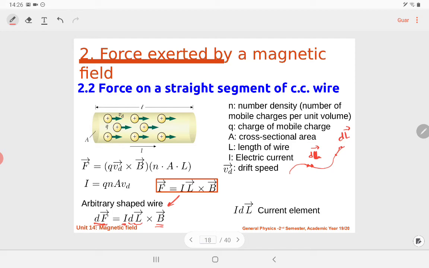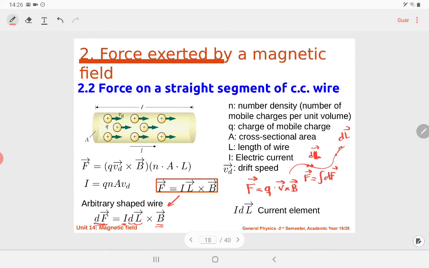If you want to know the whole force acting on it, you just have to integrate the forces acting on each piece.